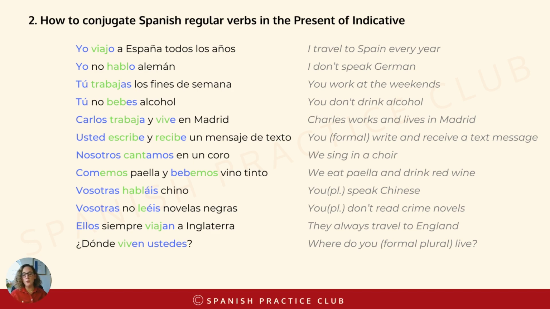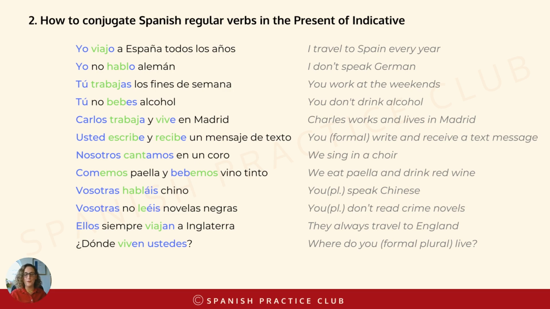So I travel to Spain every year in Spanish. If you wanted to say that, yo viajo a España todos los años. And notice how that structure is all across these examples on this slide. I don't speak German. Yo no hablo alemán.